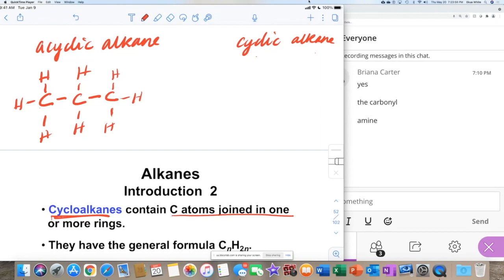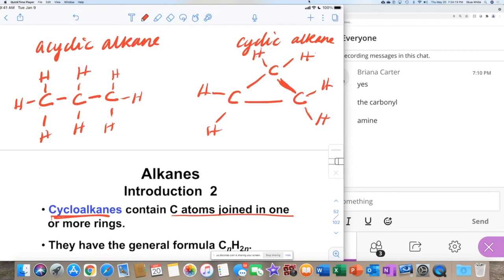So the first one has to connect to the last one. So I'm going to write a carbon on the right, one on the left, and then one on the top. And these have to attach to each other, right? So in doing so, now each carbon has got 2 bonds, and they're just missing 2 bonds. So a bond here, a bond here, a bond here, a bond here, a bond here, a bond here.